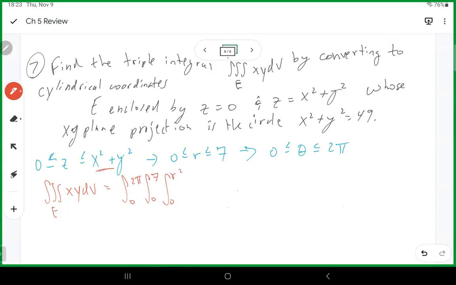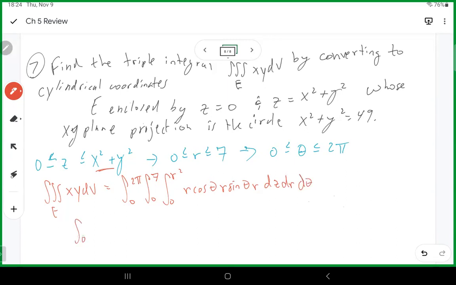Because of right here. They have to be in the correct coordinates. So it has to be r squared, not x squared plus y squared. So then r cosine theta, r sine theta, r dz, dr d theta.